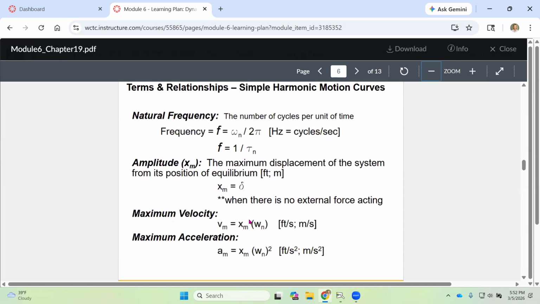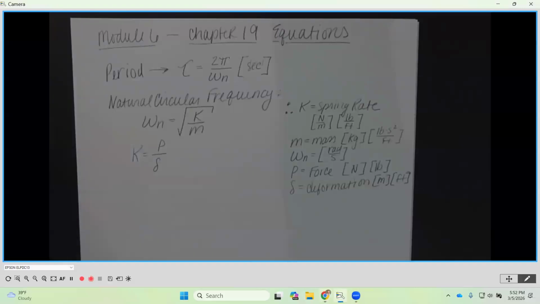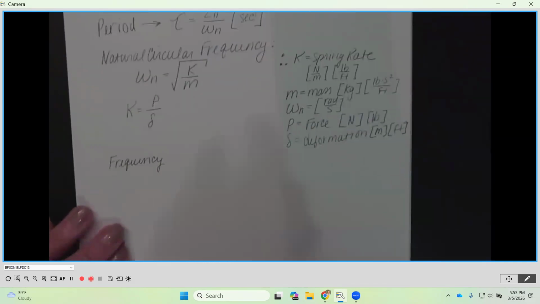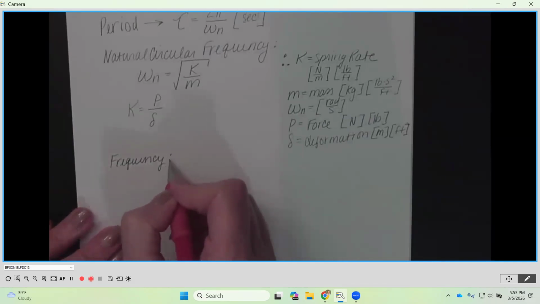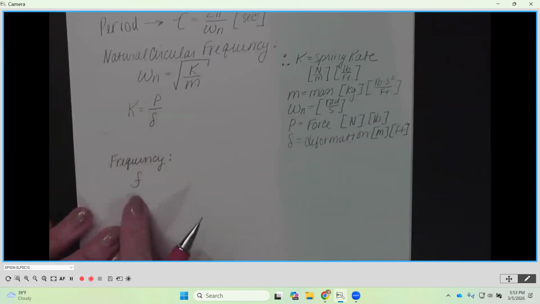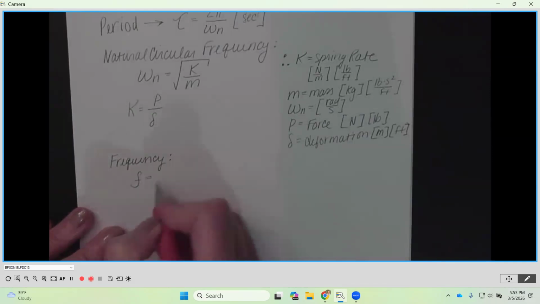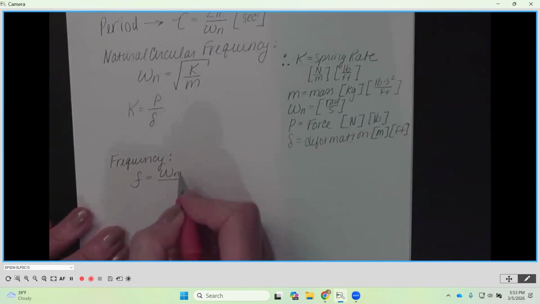Natural frequency. So frequency is the number of cycles per unit of time, okay? Underneath here, the next thing we're going to put is going to be frequency. So how often are these cycles happening? Frequency, that's going to be this fancy F. It's going to be equal to our natural circular frequency divided by 2 pi.